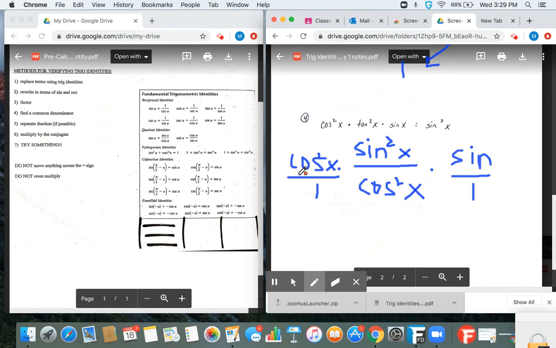Well, again, we're going to simplify. Sine squared times sine, think of it as x squared times x, right? You would just add the exponents, and this would equal sine cubed x.